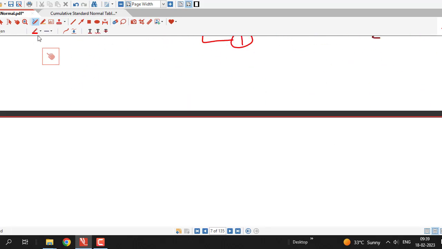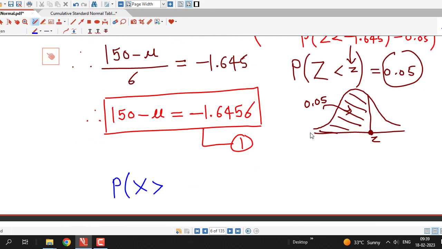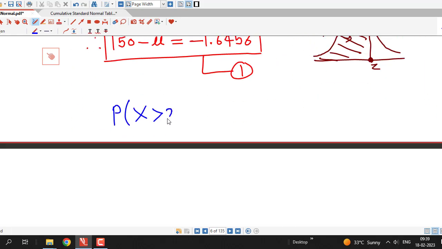Now second probability is that probability that capital X is greater than 225 is 0.20. Probability that X is greater than 225 is 0.20, and we are interested in the less than type probabilities.